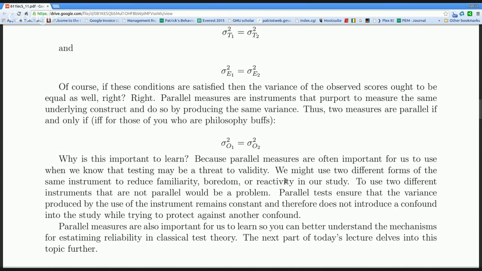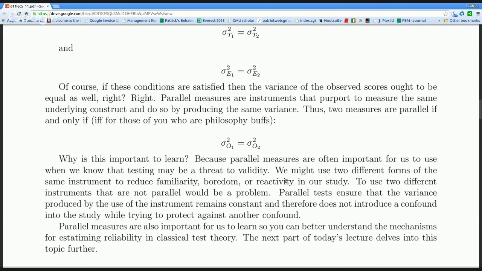So when would we actually have these two parallel forms? Well, we have them for ETS. When you take the GREs, you'll take a set of items that may be different than your classmates'. And the reason for that is the item content isn't as important necessarily as the item difficulty.